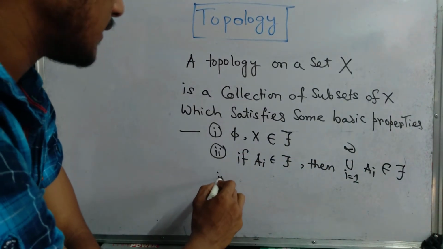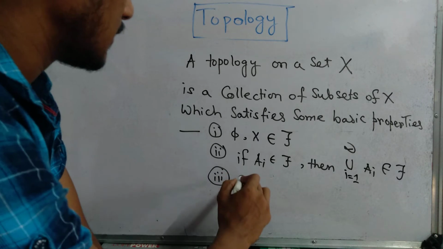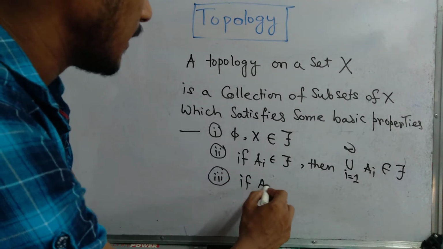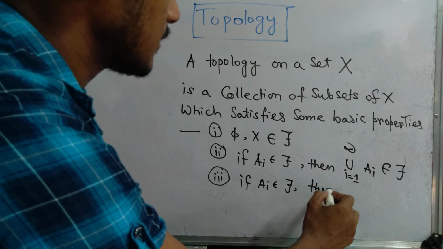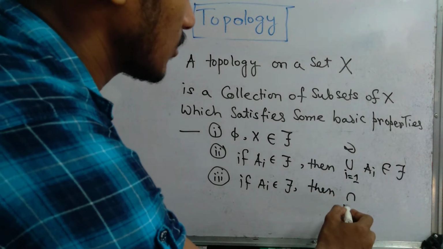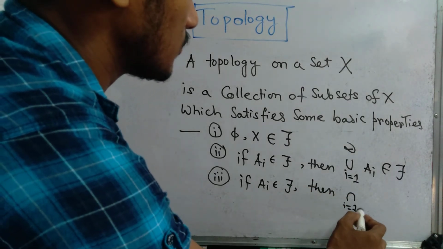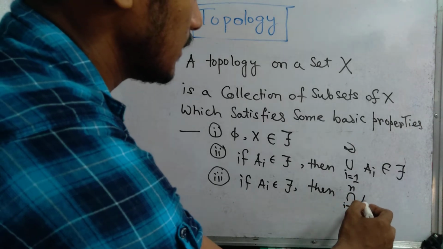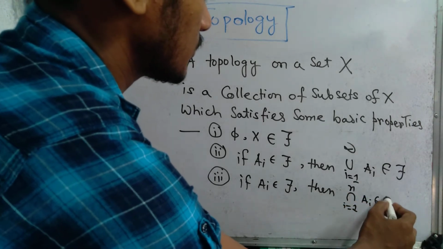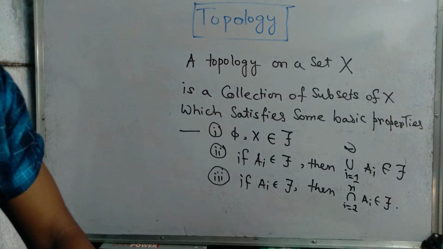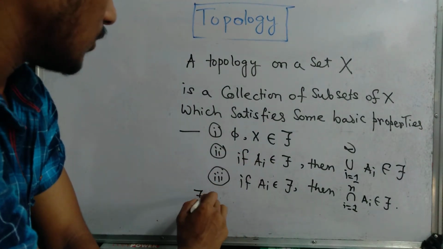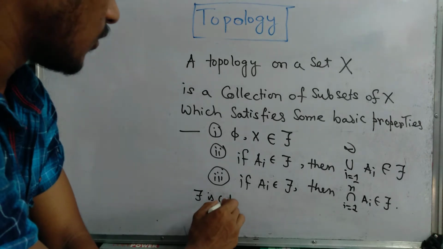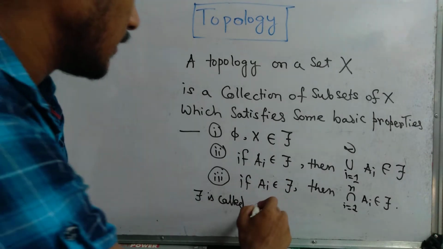And finite intersection: if A_i belongs to this tau, then the intersection of A_i, i equal to 1 to n, belongs to tau. Then tau is called a topology.